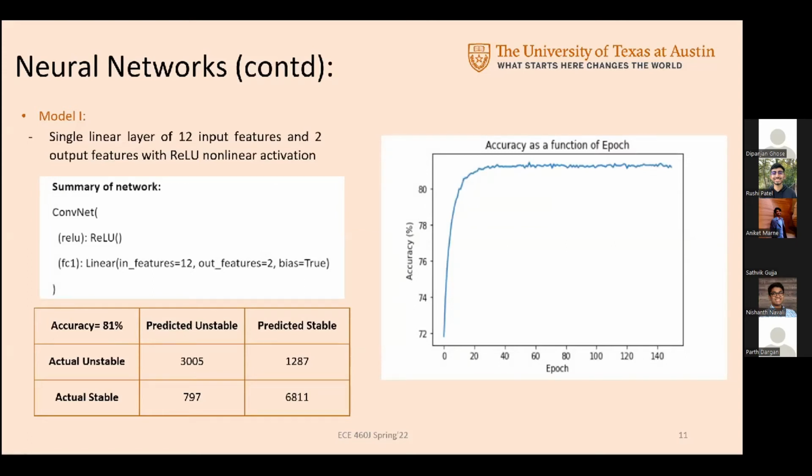We have seen consistently that after around 40 epochs, accuracy doesn't increase much. So we can keep our value at 40. Here at the bottom, we can see the confusion matrix for the predicted and actual stable and unstable conditions.